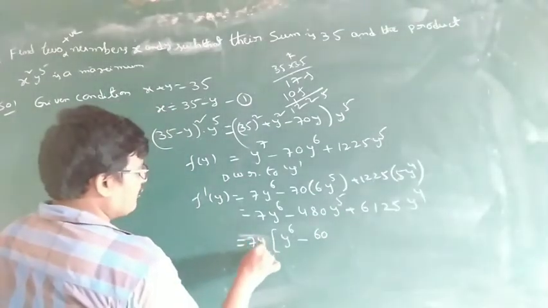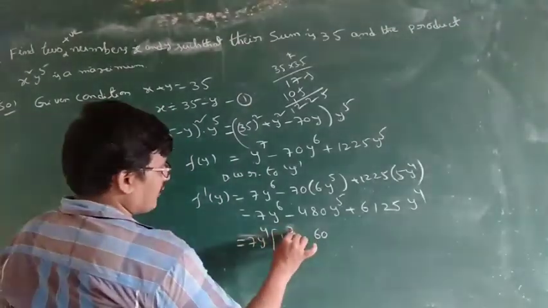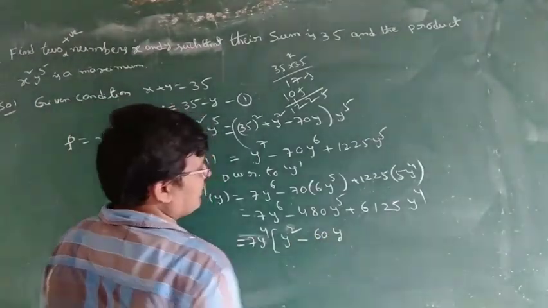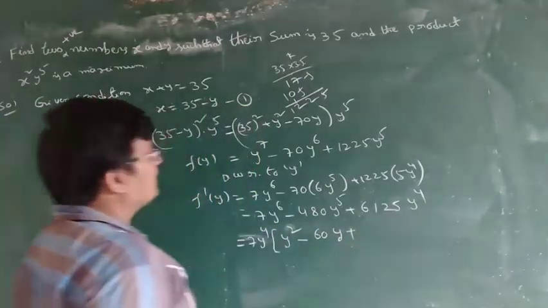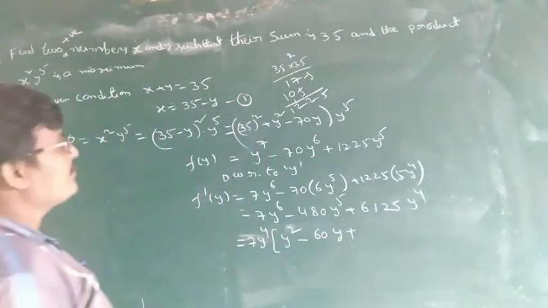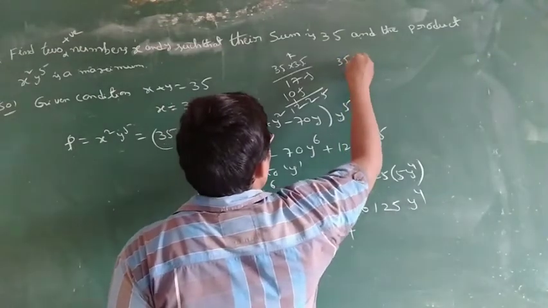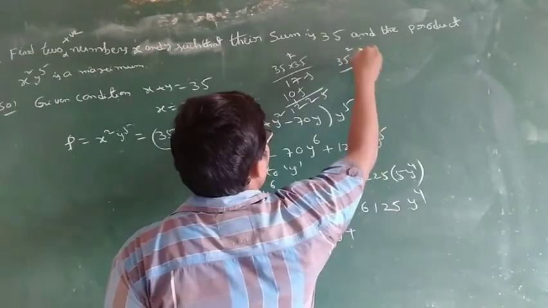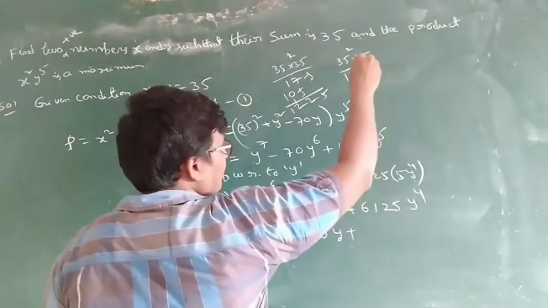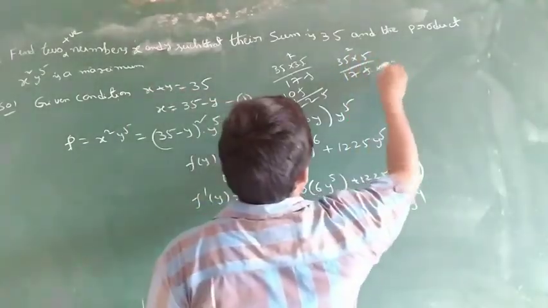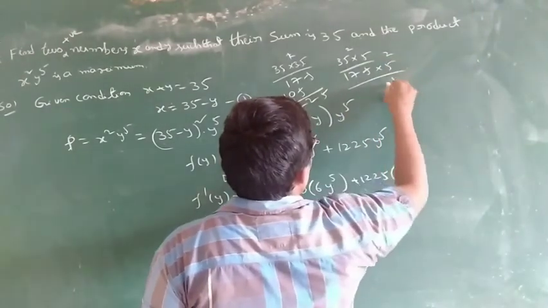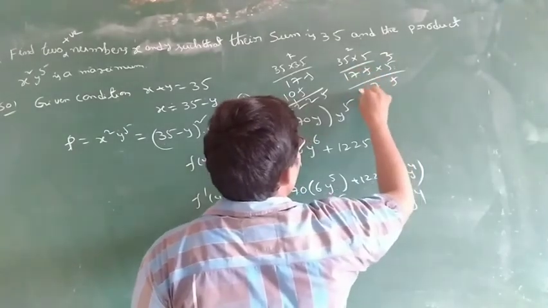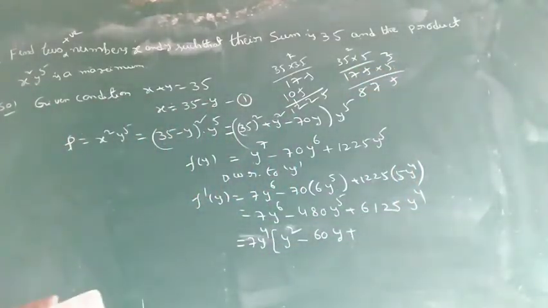Taking 7 y power 4 common, this is y square minus 60y plus 875.